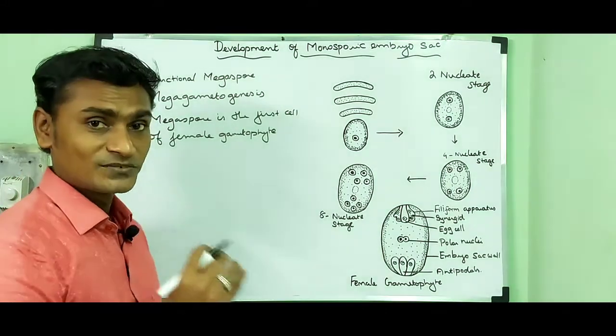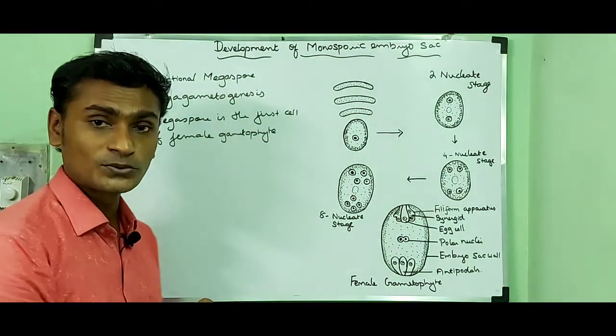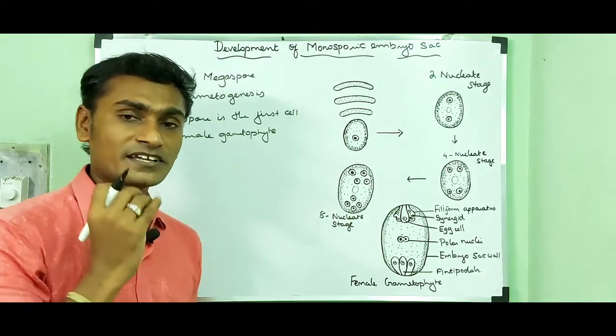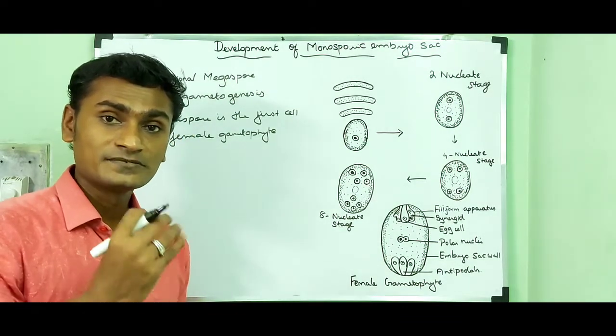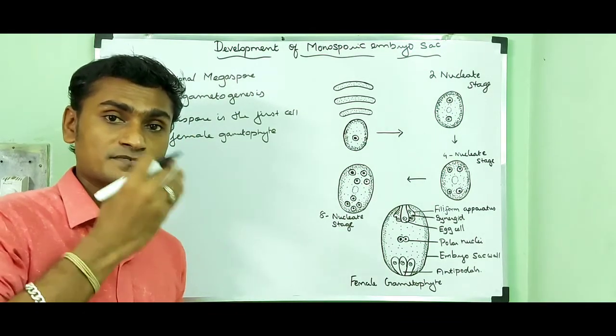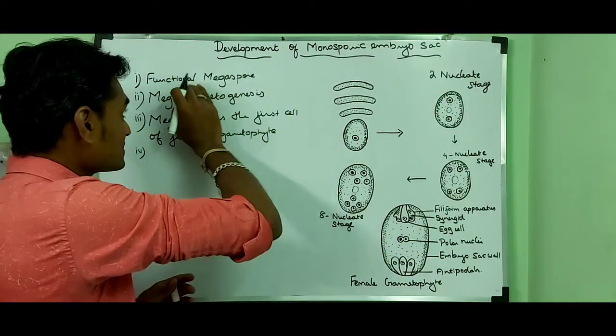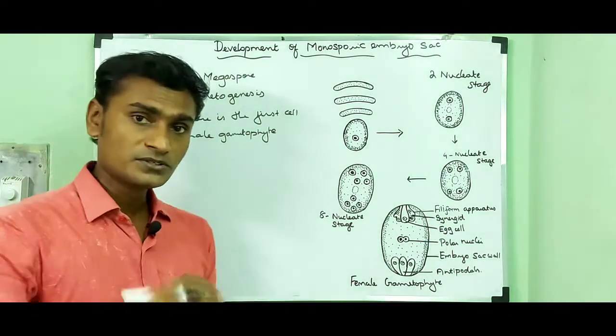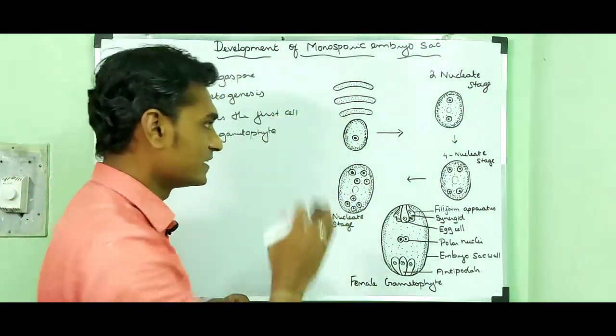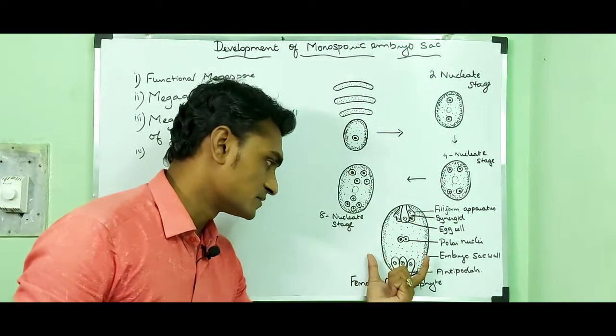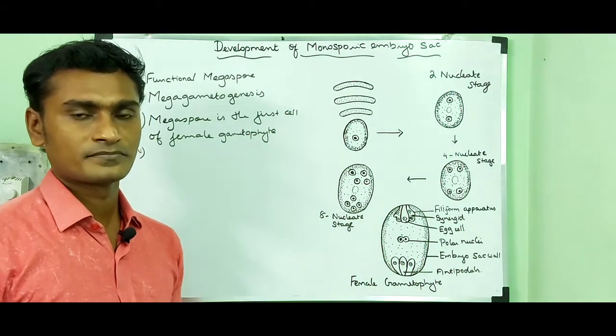The nucleus of the functional megaspore is mitotically divided, and the products develop into the embryo sac.